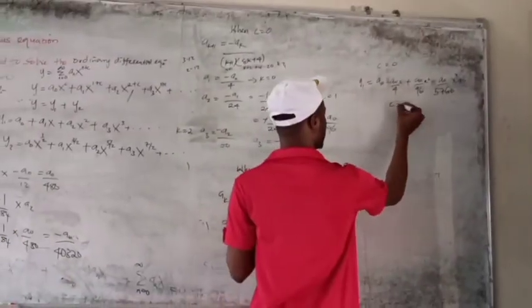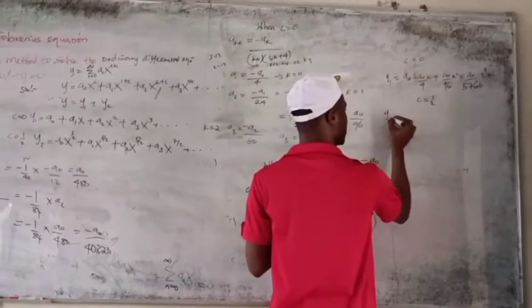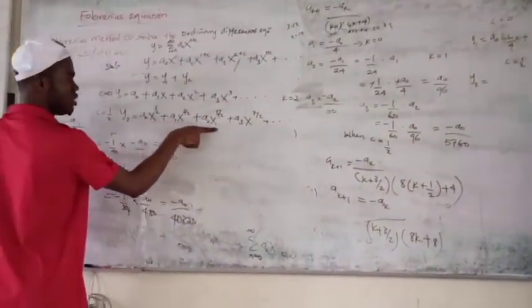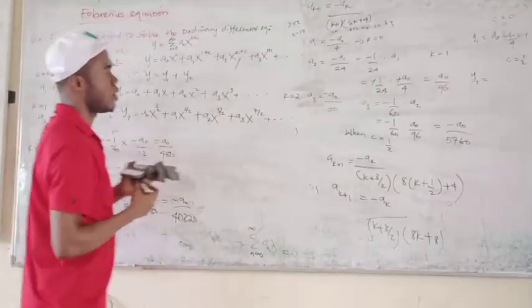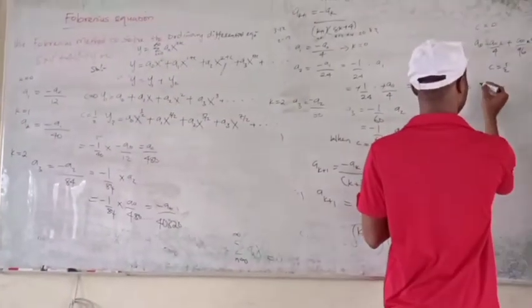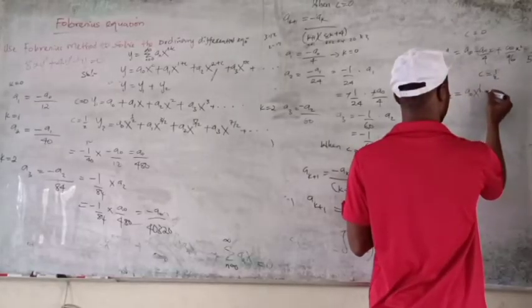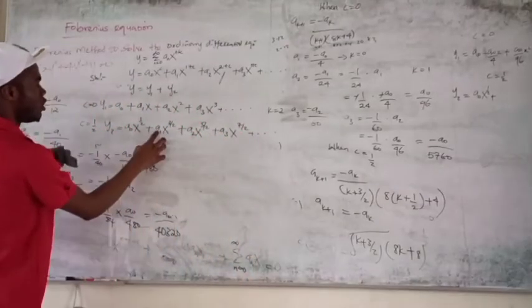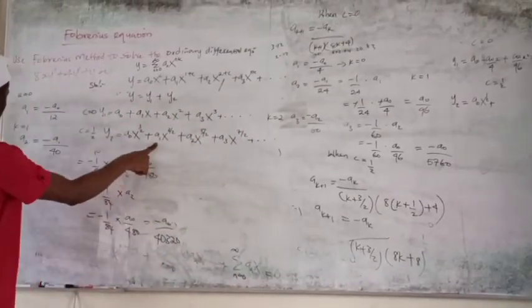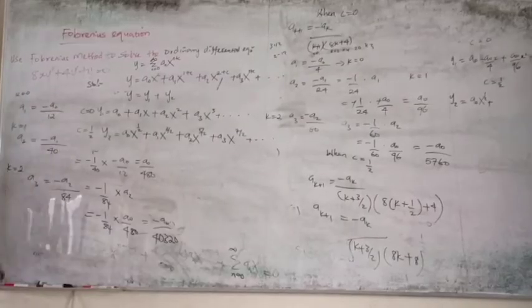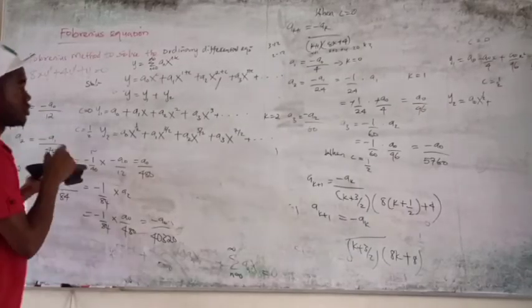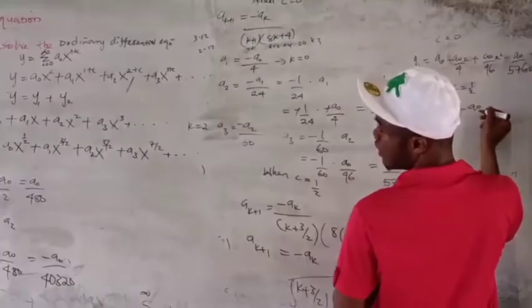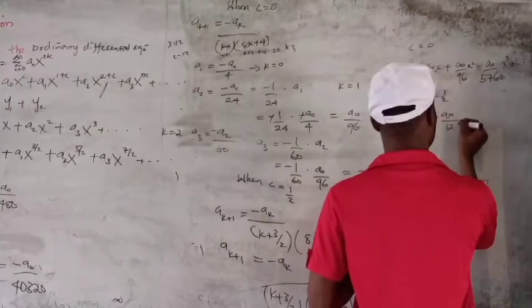Now when c is equal to 1/2, let's say it's y2. Let's go back to our y2. We have a0 x raised to the power of 1/2 plus a1 x raised to the power of 3/2. And we know that a1 from here is minus 1/12, so that is minus a0/12 x.